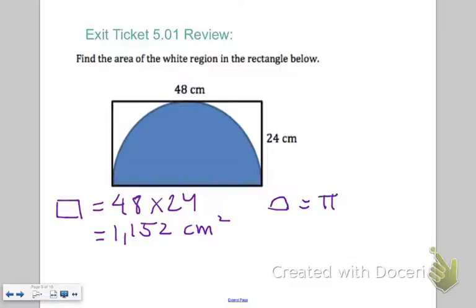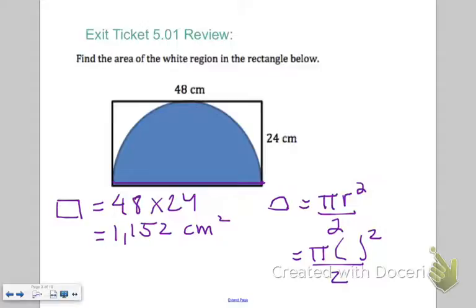Now to find the area of the semicircle, we're going to use the formula for a full circle, which is pi times the radius squared, and we're going to cut that in half. So we have pi times the radius squared divided by 2. Now our radius is half of the diameter, and our diameter is a straight line passing from one side through the center of the circle to the other end.